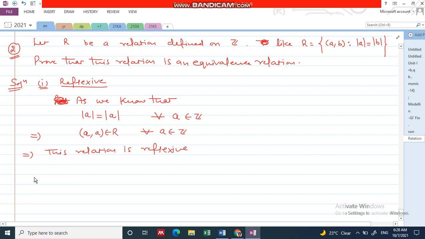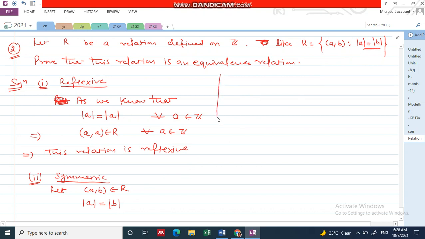Number two, symmetric. As we want to prove that the relation is symmetric, we take (A, B) as an element in the relation. As (A, B) is a member of the relation, it means that the magnitude of A is equal to the magnitude of B, because the relation is given like this.